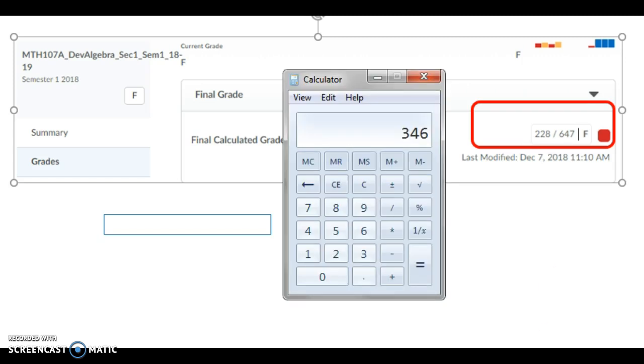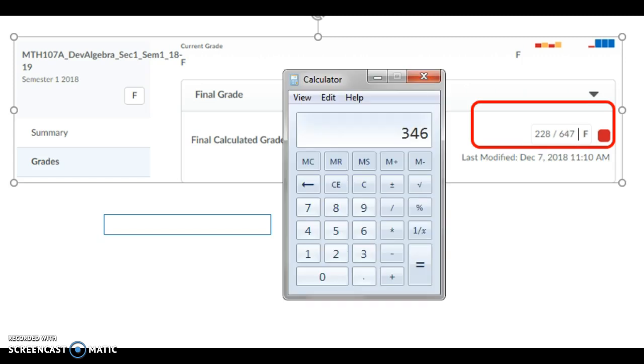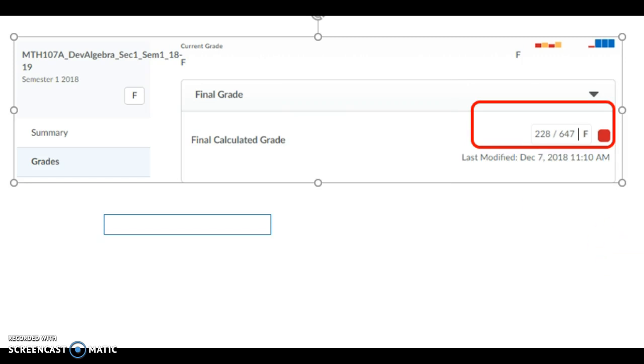So this is an example of developmental algebra. As you can see, this student has 228 points and there's a total of 647 points in the class. And you're like, okay, what does that mean? Well, let me show you the easiest way to figure out exactly what you need.